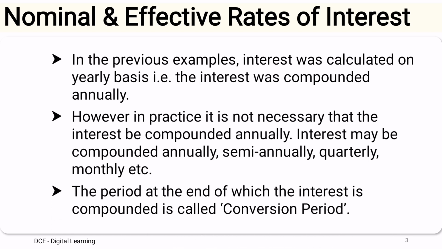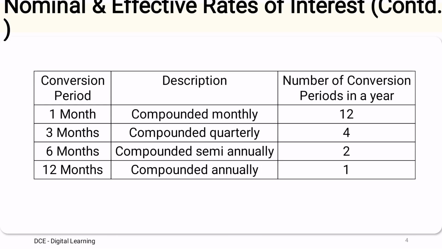The period at the end of which the interest is compounded is called the conversion period. If you compound annually, then the number of conversion periods in a year will be only one.